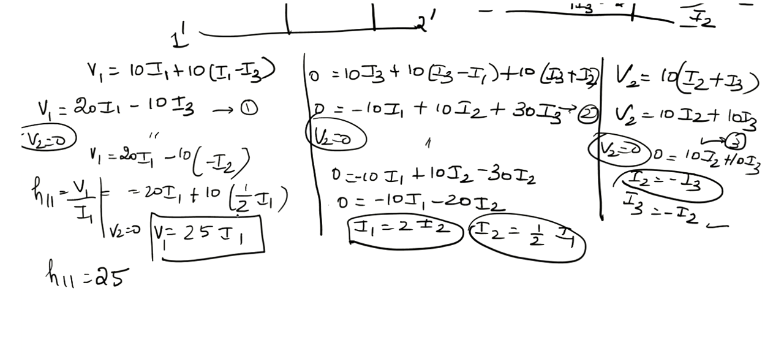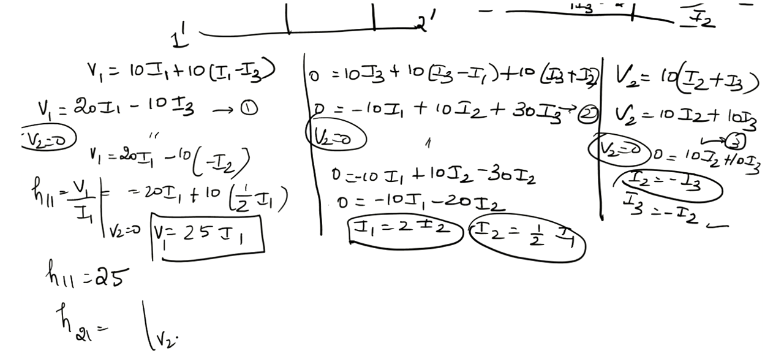Clear? 10 by 2 it has become 5. Okay, I1 equal to 2 I2. So H11 equal to 25. Okay, and same way you can solve your answer as H21. So why? Because these two members, H11 and H21, only have V2 equal to 0.